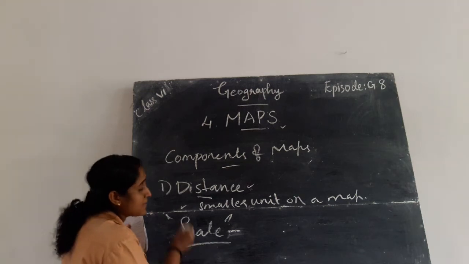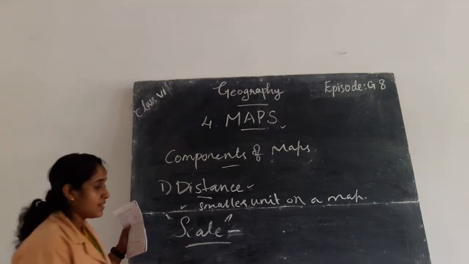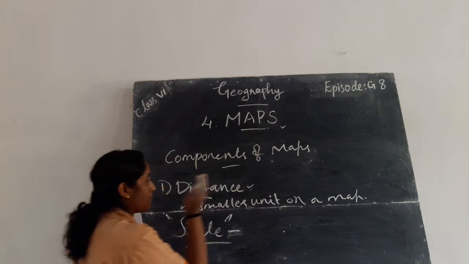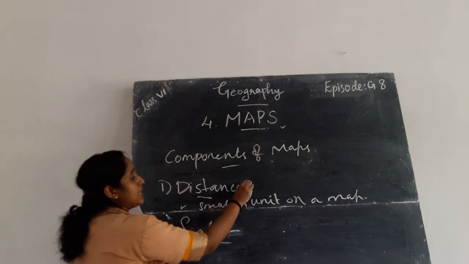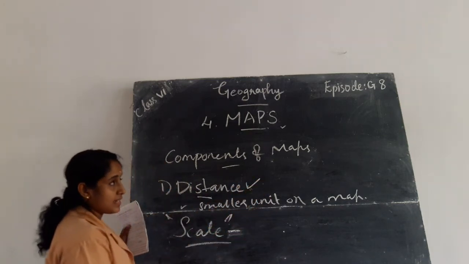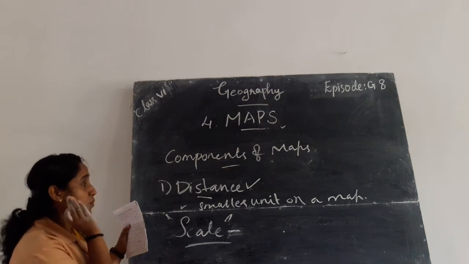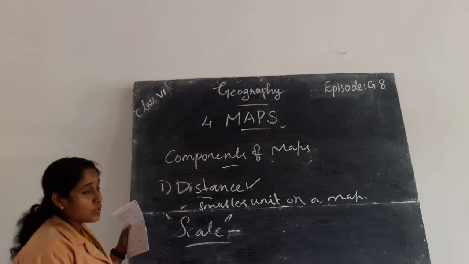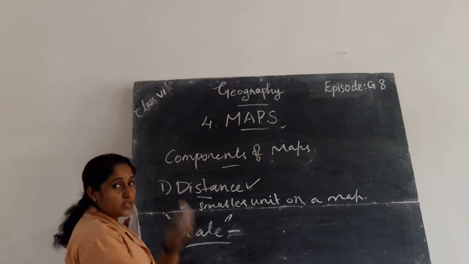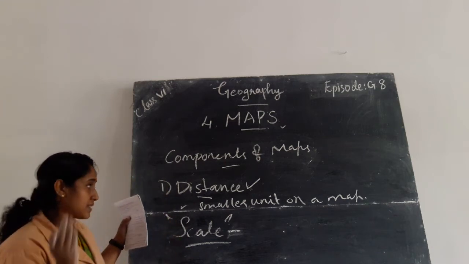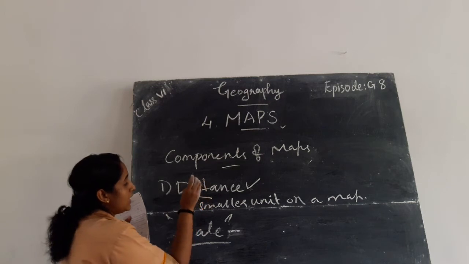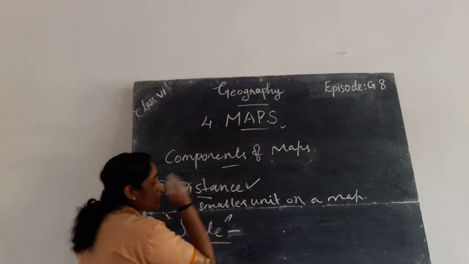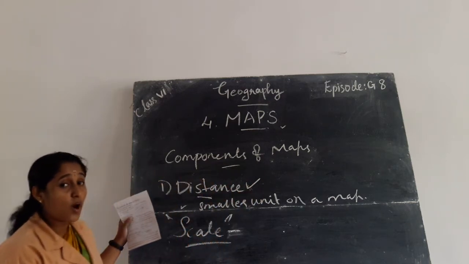We already discussed that distance is the most important component of a map. It shows the distance between countries, cities, etc. So on a map we use distance as a smaller unit.